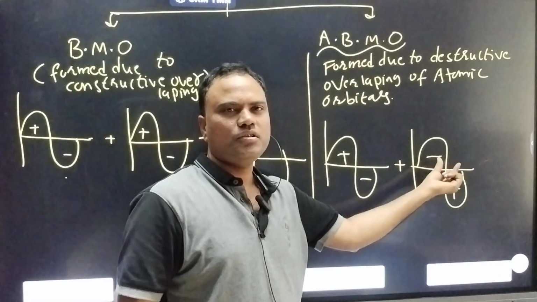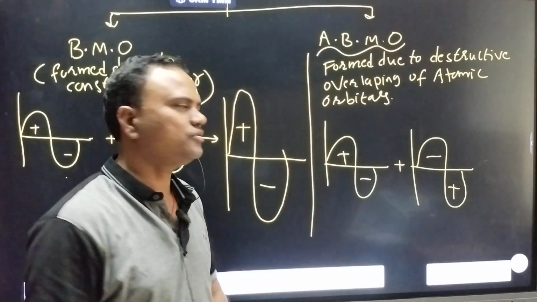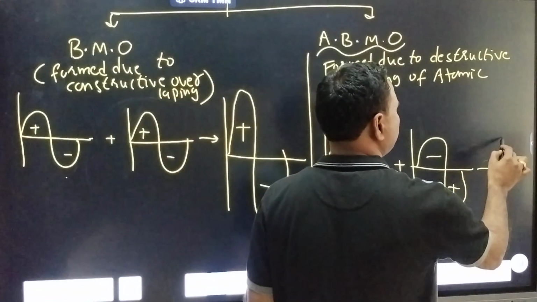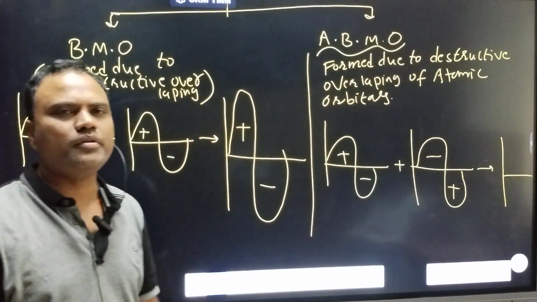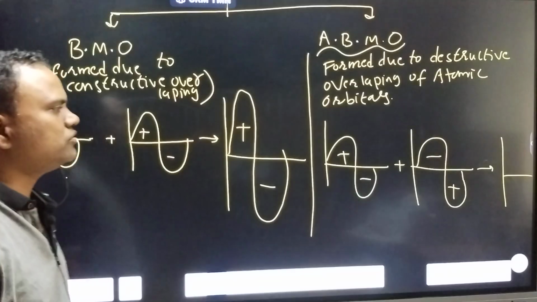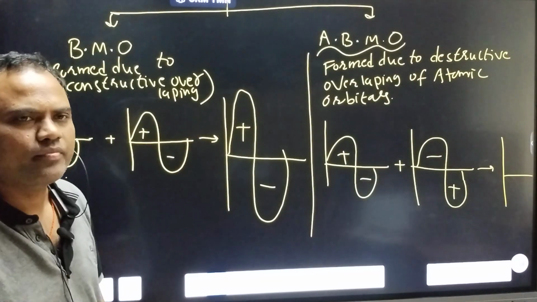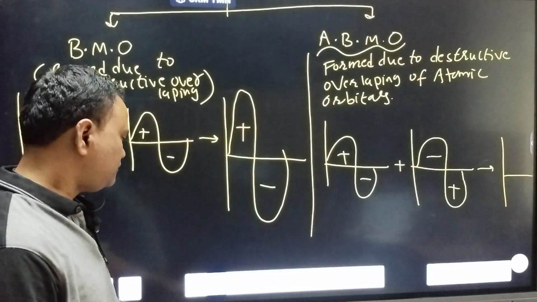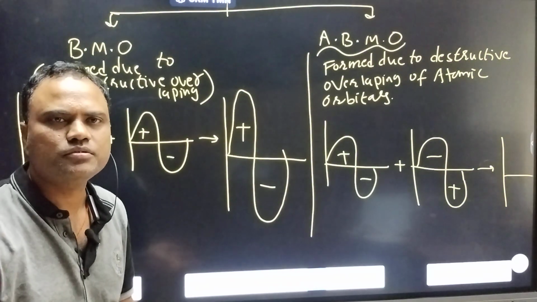Positive is joining with negative. Plus 2, minus 2 means 0. So the ABMO is formed due to destructive overlap. Clear? Online students, are you getting it?